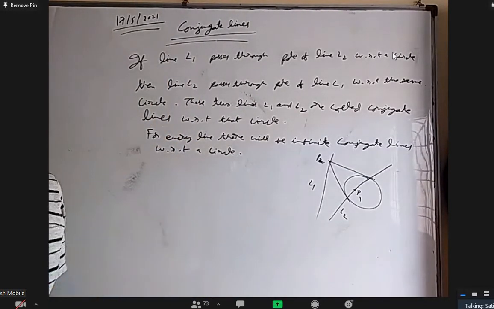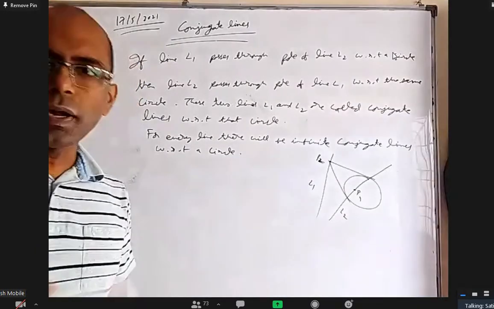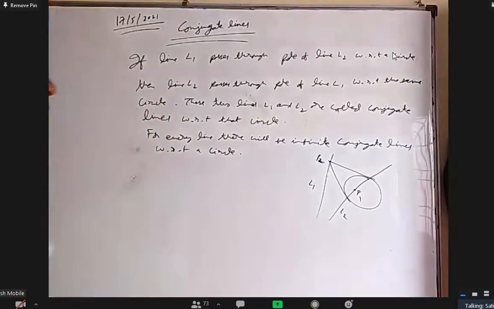Okay, so is everybody clear about conjugate lines? For conjugate points, we gave the formula S1 equal to 0. Let us give the formula for conjugate lines.